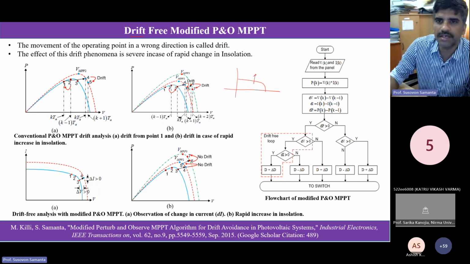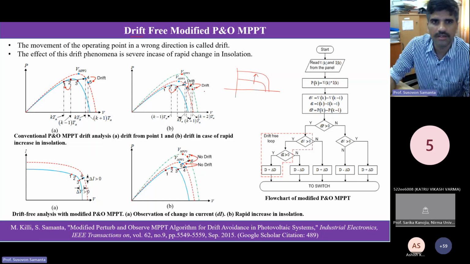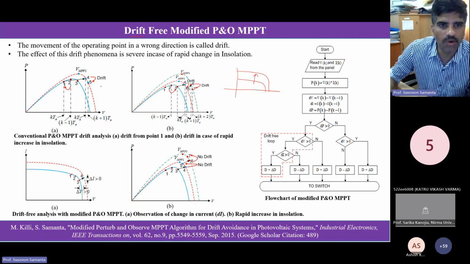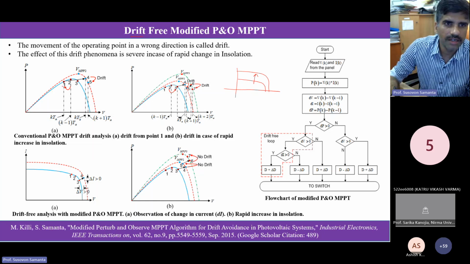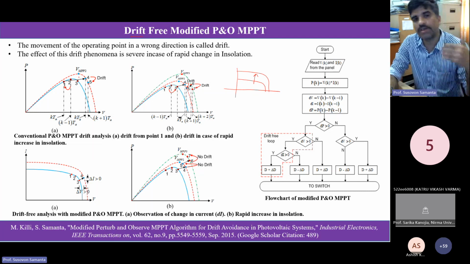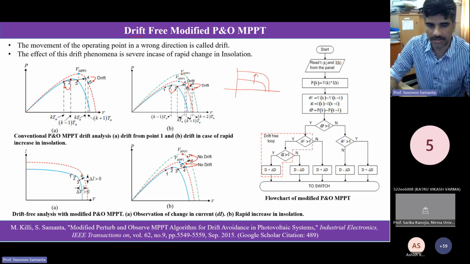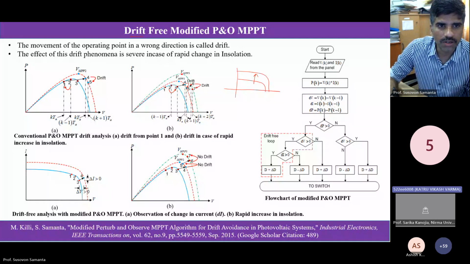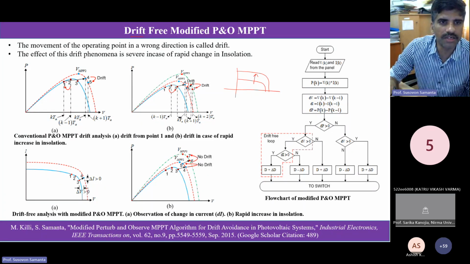If I increase the irradiation, your IV characteristics will shift, and as the current is increasing, obviously we will get more power. This is one irradiation level, the blue line, and the red line is when you increase the irradiation level. Initially it is operating around 1, 2, 3, as I already mentioned, when there is a fixed irradiation.